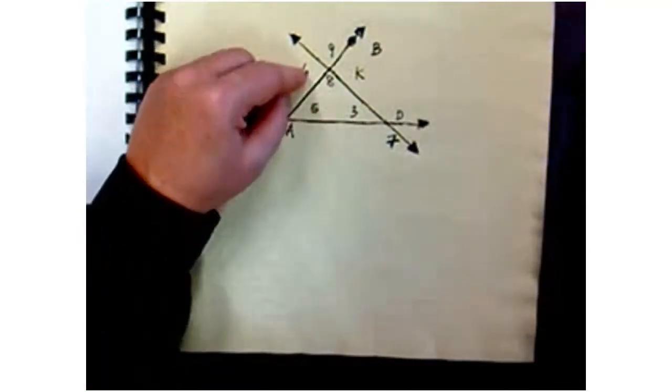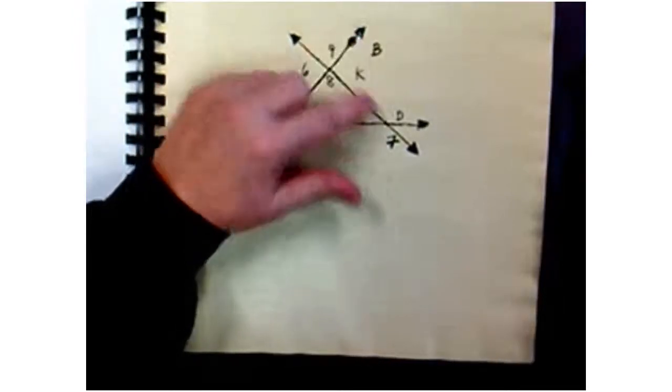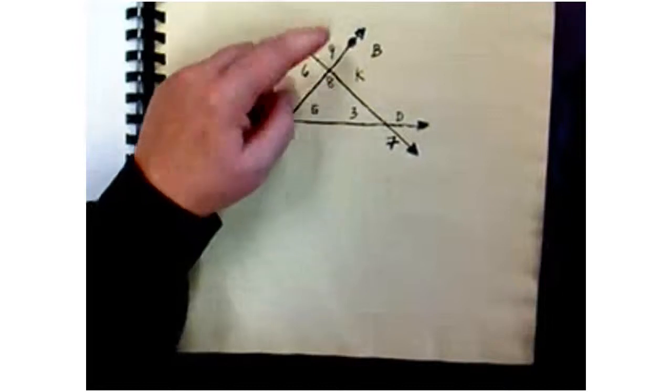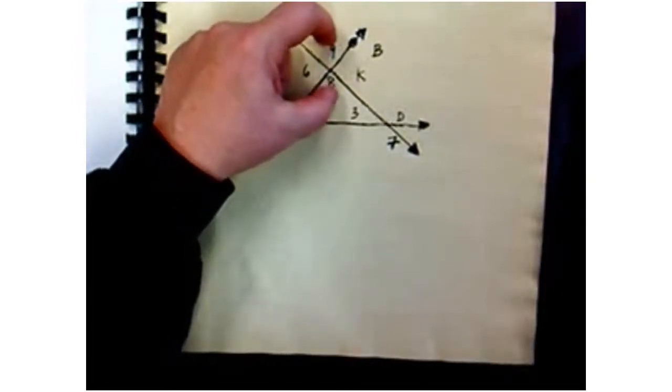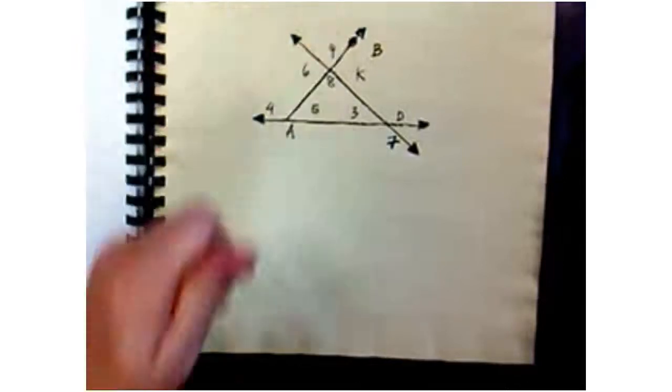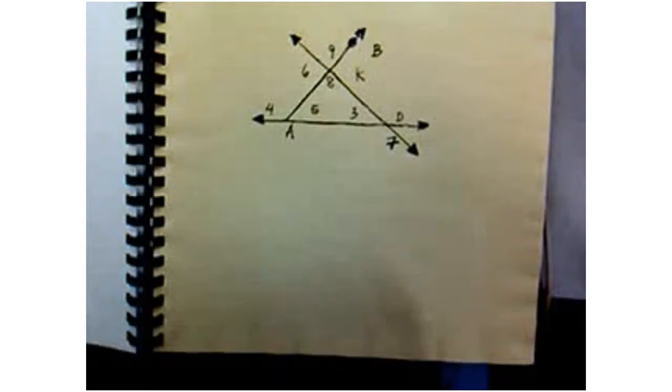So number 6 does form a linear pair with number 8, and BKD forms a linear pair with number 8, but angle 9 is not an exterior angle to number 8, it's just a vertical angle to number 8. Right? So that would be false.